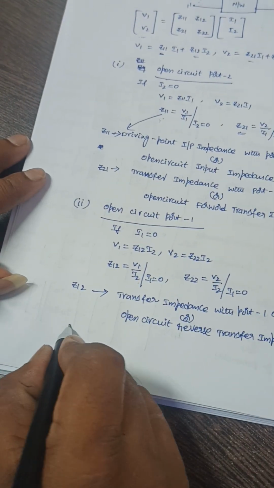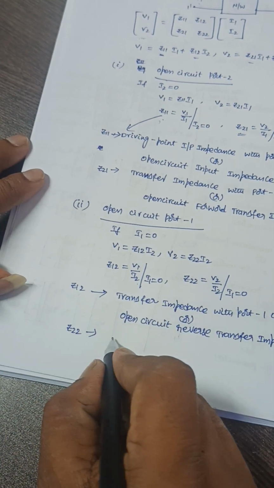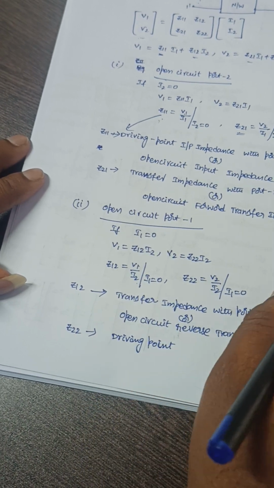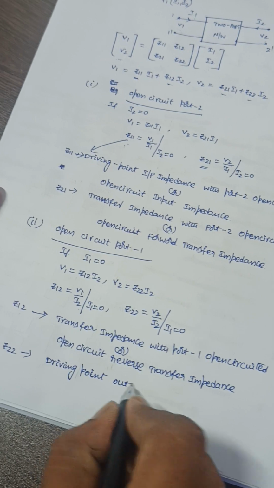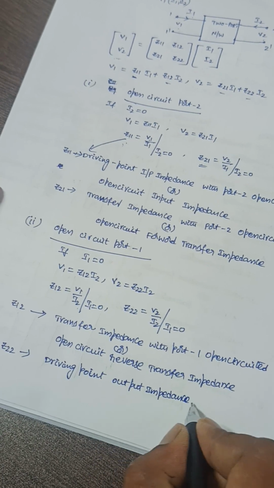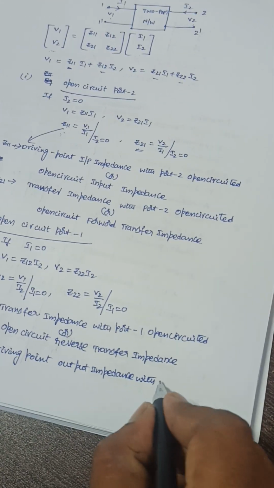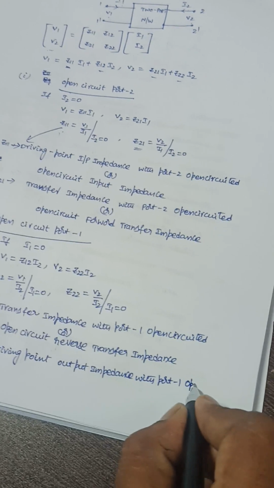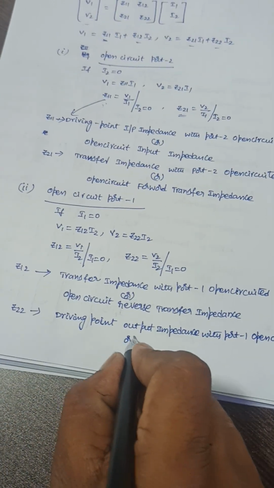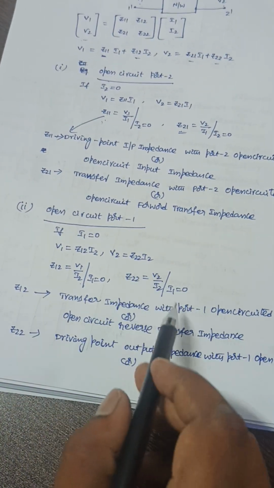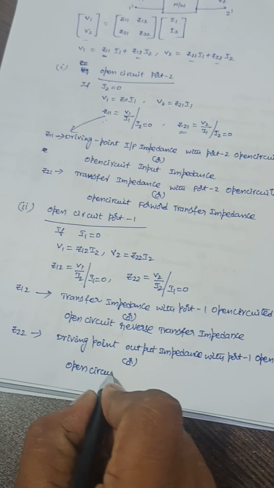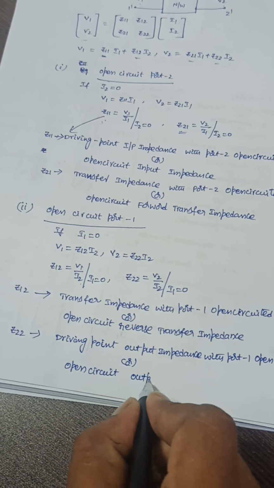Next, Z22 is called the driving point output impedance with port 1 open circuited, or it is also named the open circuit output impedance.